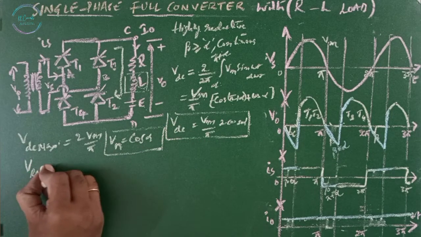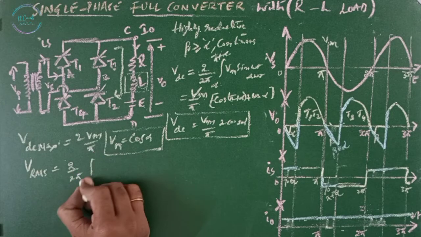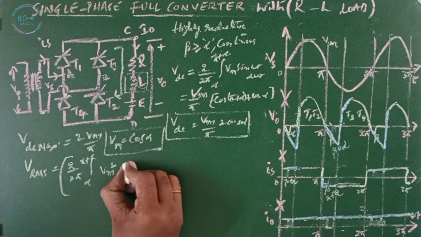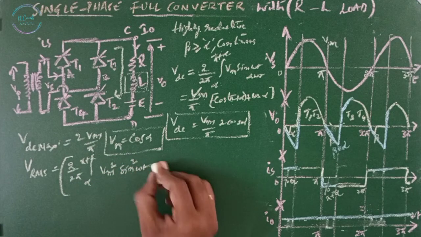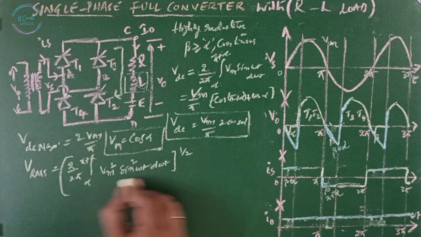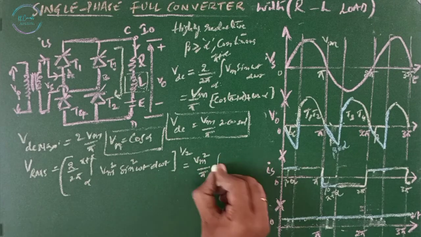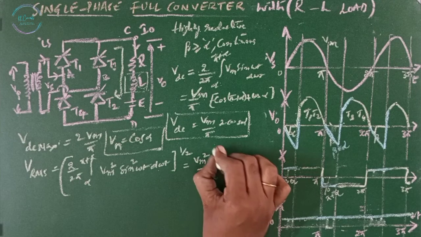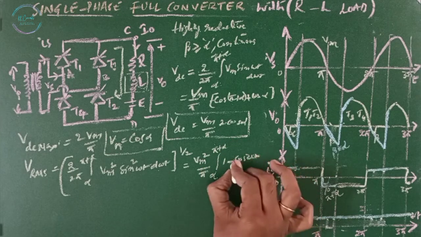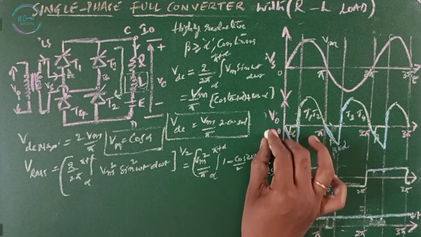V RMS, or RMS output voltage, is given by 2 by 2 pi integral 0 to pi plus alpha Vm square sine square omega t d omega t, under the square root. Now if you solve this, you get Vm square by pi integral alpha to pi plus alpha of 1 minus cos 2 omega t by 2 d omega t, the whole thing under the square root.